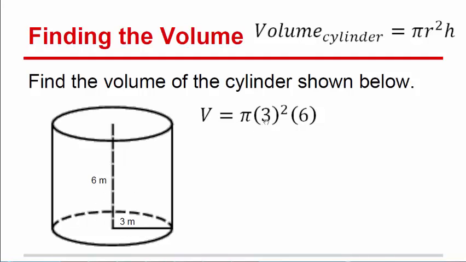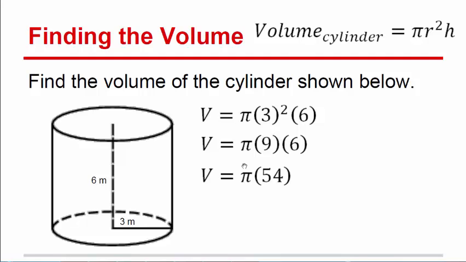Now we're going to take the radius and square it. So 3 squared equals 9. So what we're left with is volume equals pi times 9 times 6. 9 times 6 is 54. So we have pi times 54, or 54 pi meters cubed.